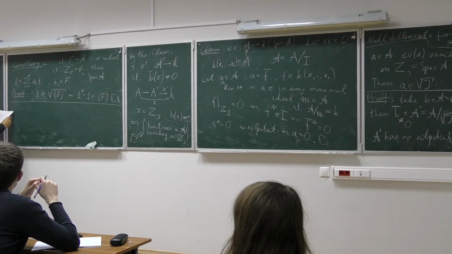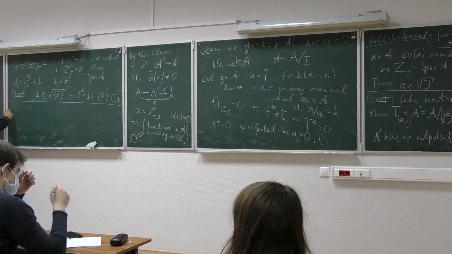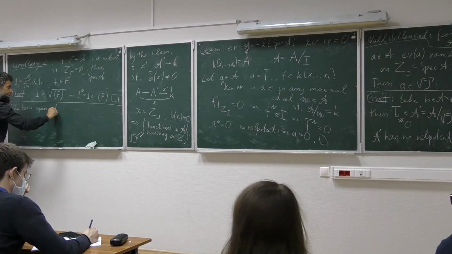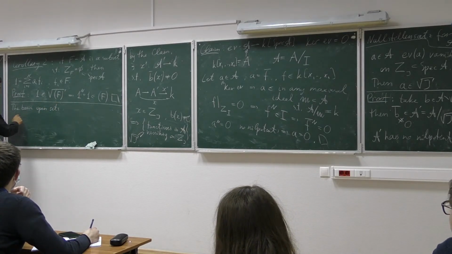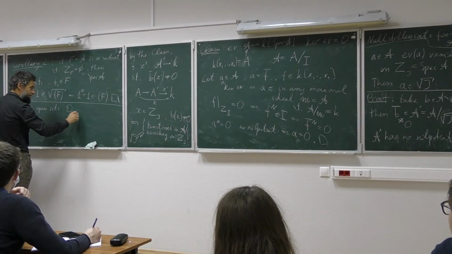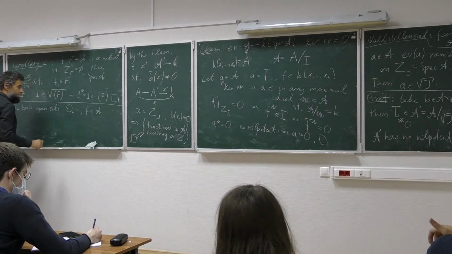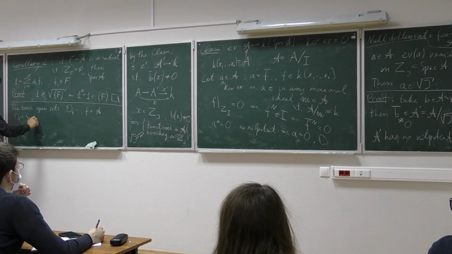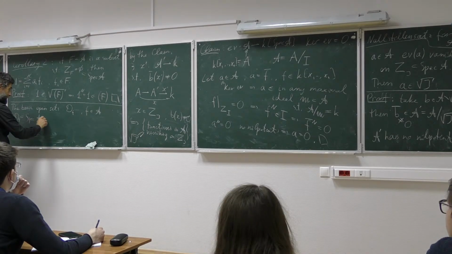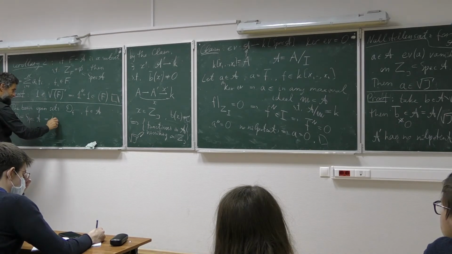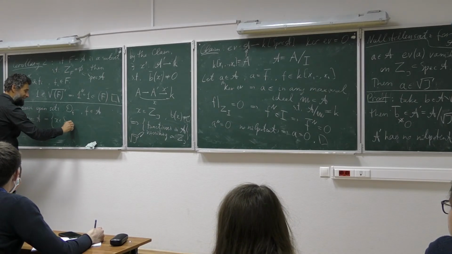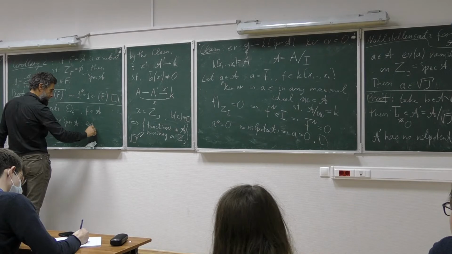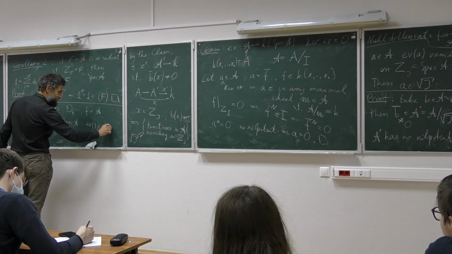And now the basic open sets. I will introduce this notion D_f for f an element of A. So D_f in the spectrum of A is the set of x such that evaluation of f at x is not 0.